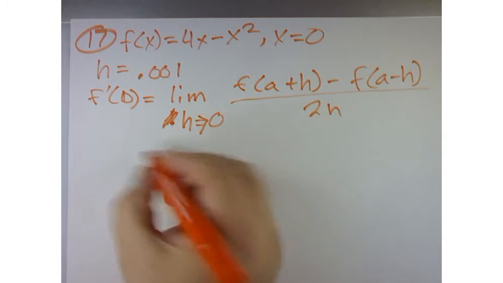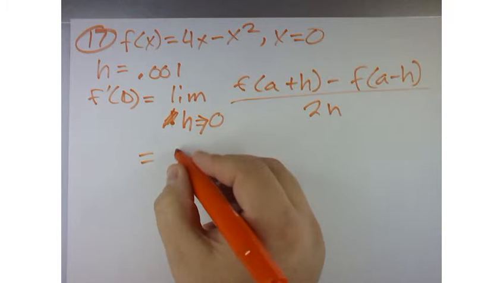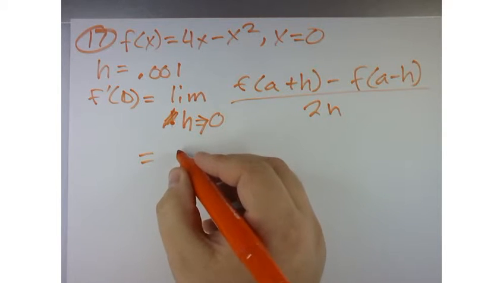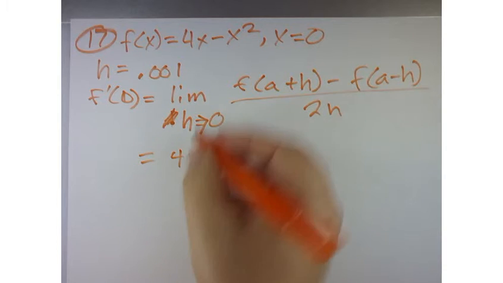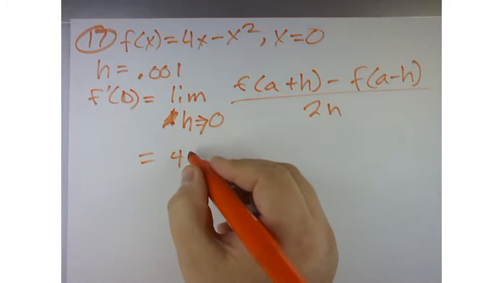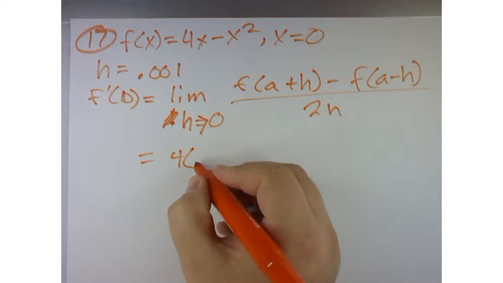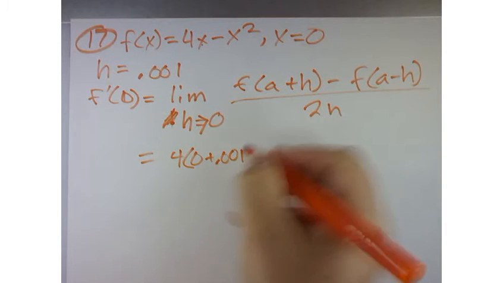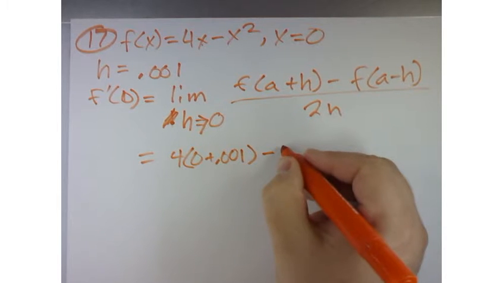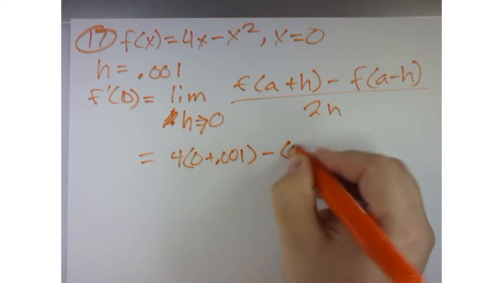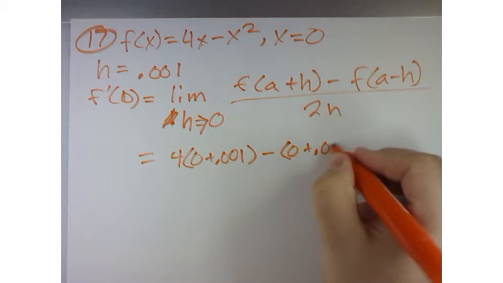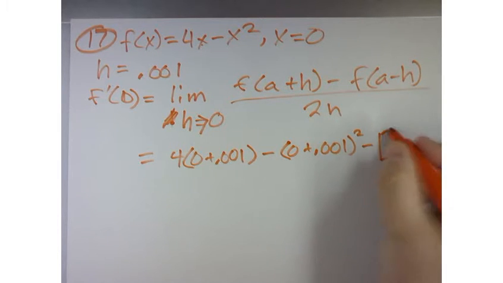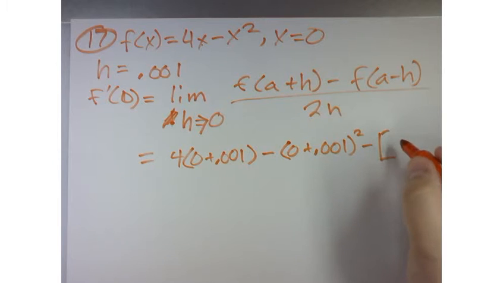Well, that's equal to us saying 4 times... Now, here's the thing. I'm going to add 0.001. So I'm going to say 0 plus 0.001 minus 0 plus 0.001 squared minus all this stuff, which will be, now we're going to take the negative of that.